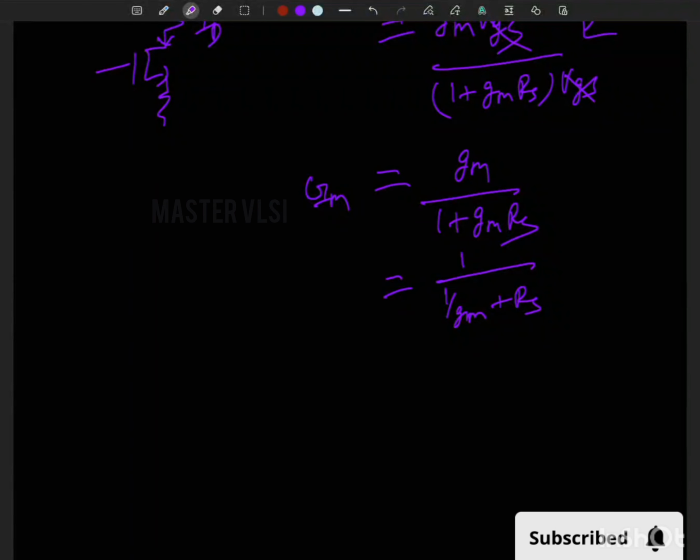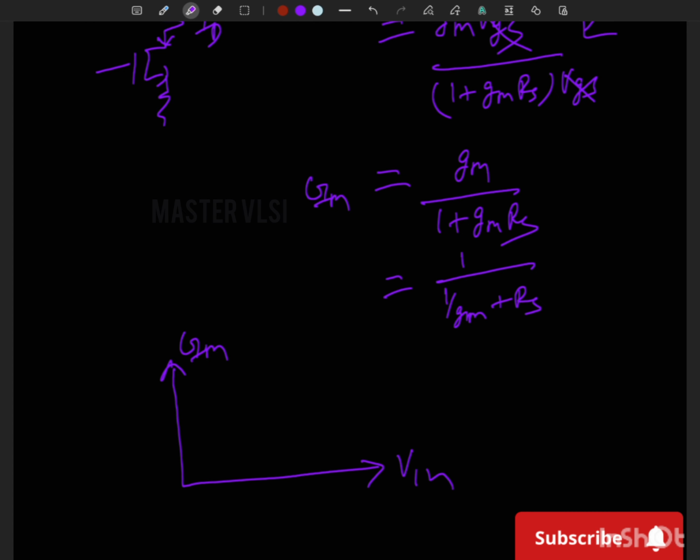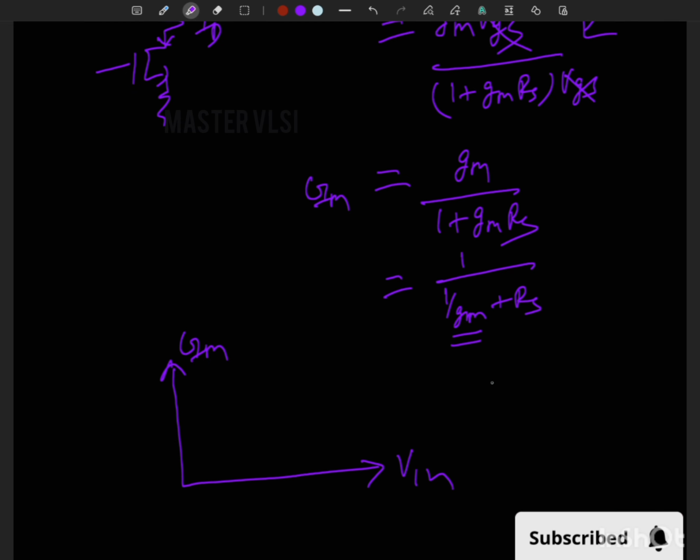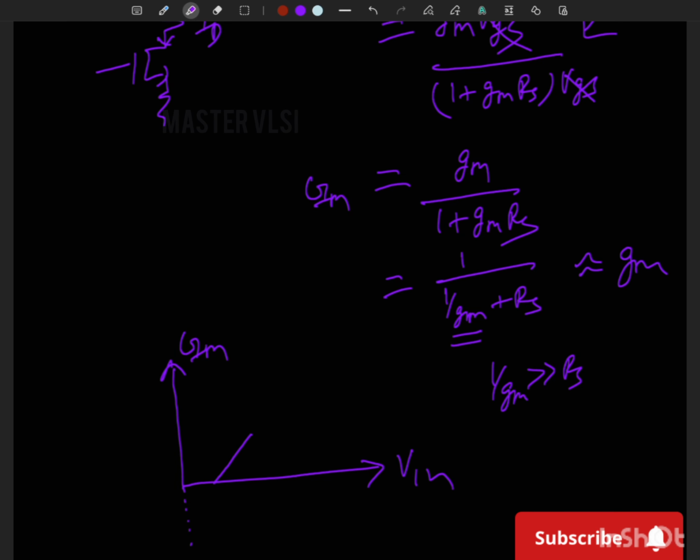Now, when we are changing Vin, how to draw GM? How will GM change? Initially GM of the MOS is low, so 1 by GM will be greater than Rs, then this is equivalent to GM. So it means at the starting point after VTH, it is linear as it was in the previous case.